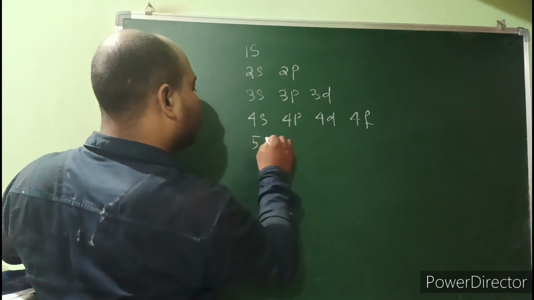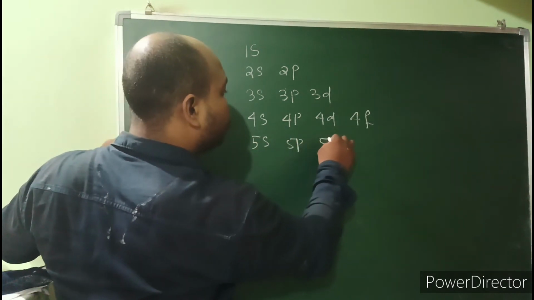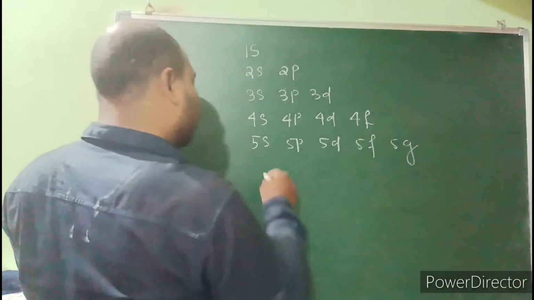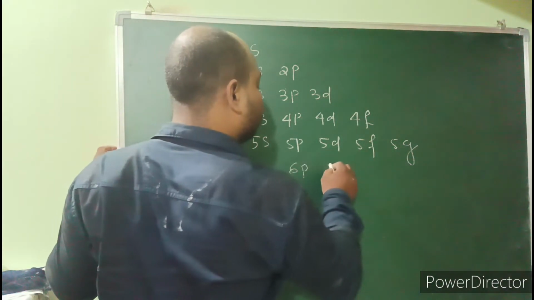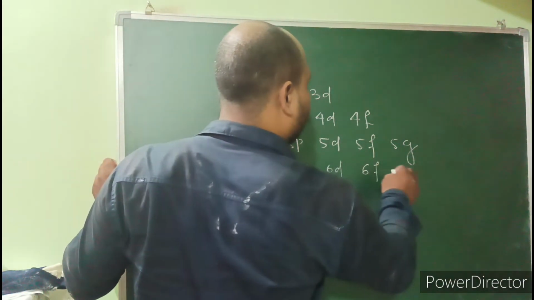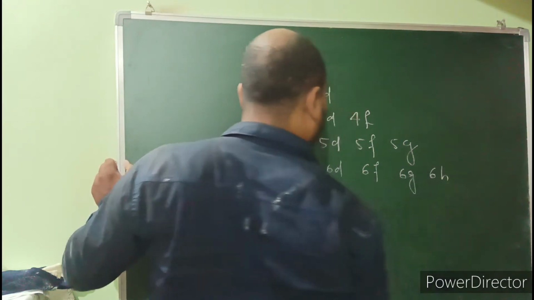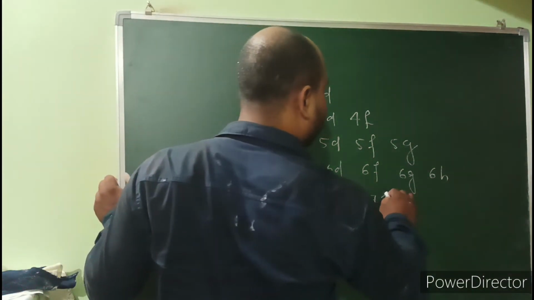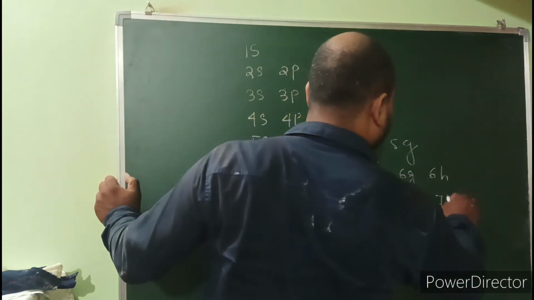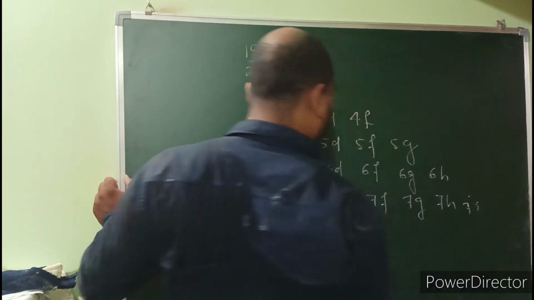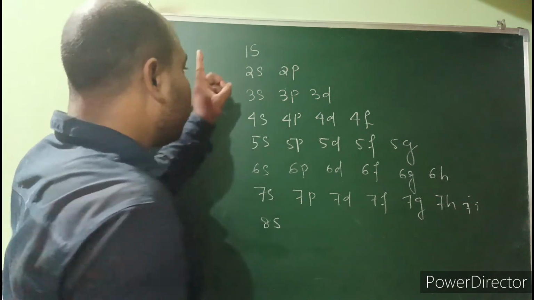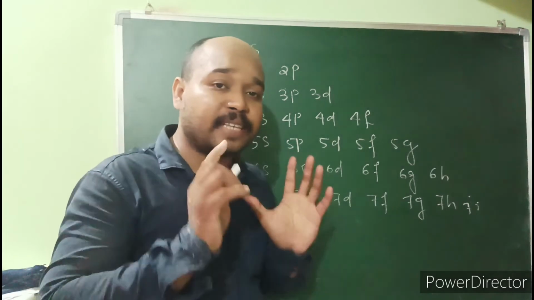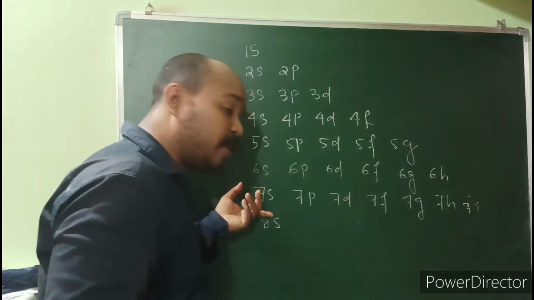Similarly, the fifth cell will contain 5 subcells, the sixth cell will contain 6 subcells, and the seventh cell will contain 7s, 7p, 7d, 7f, 7g, 7h, 7i. Each shell represents each period. In our periodic table there are 7 periods, so we will use up to 7s.